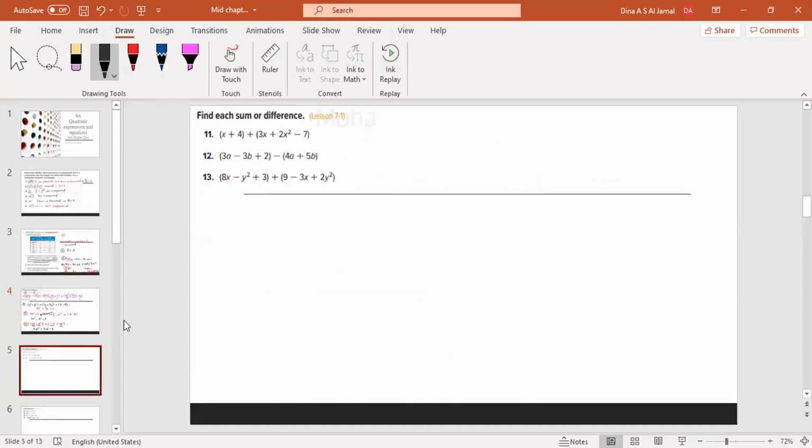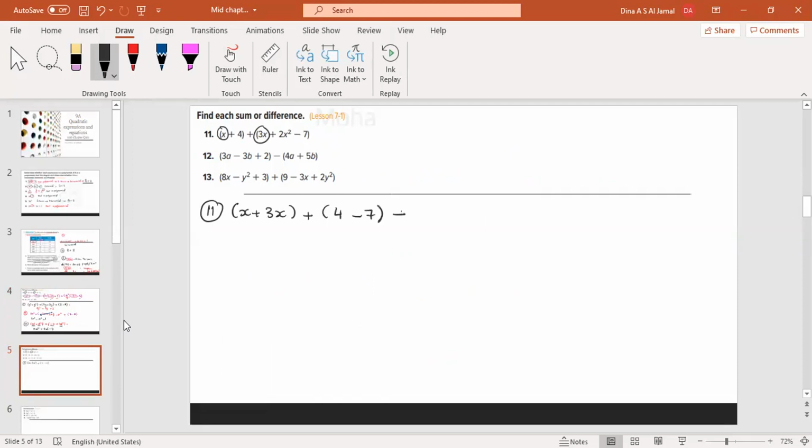Now let's continue. Find each sum or difference. So question 11. Let's gather the terms together. Now, do I have any like terms related to x? Yes, 3x. So let's add them from the beginning. So x plus 3x, then plus, do I have anything related to the 4? Yes, 4 minus 7.